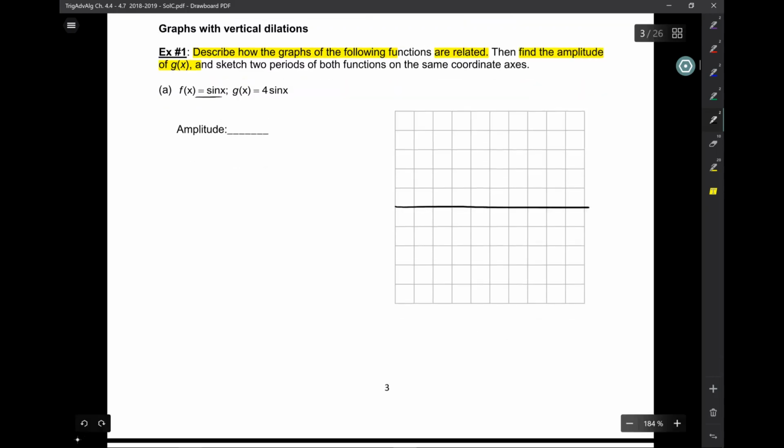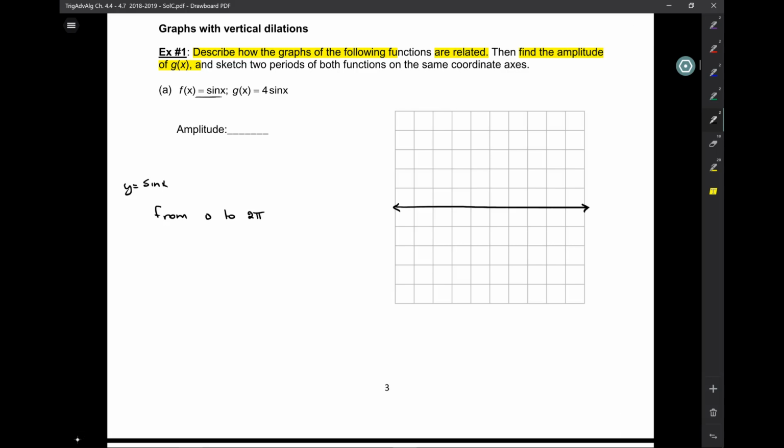If it doesn't, you draw your x-axis with a ruler. Now, sine of x, we're graphing sine of x. It goes from 0 to 2 pi. You don't have to write it, I'm writing it for me. You don't have to write it in words like that.